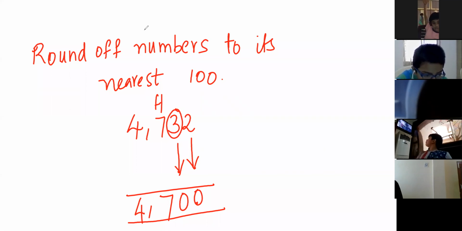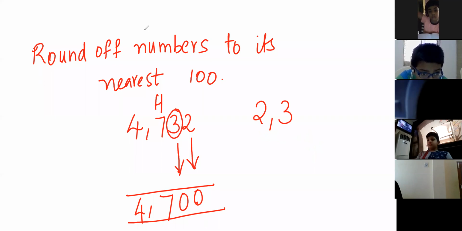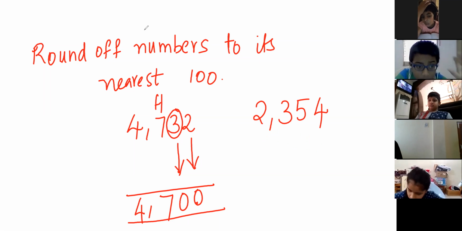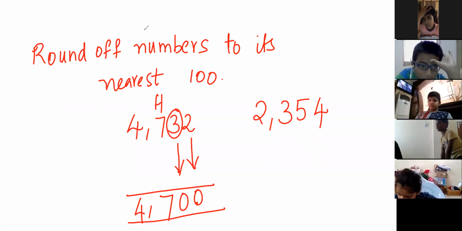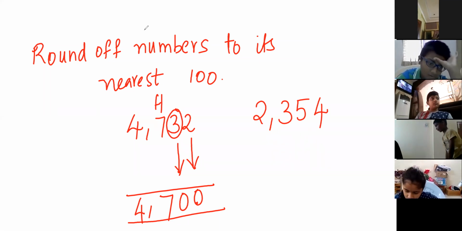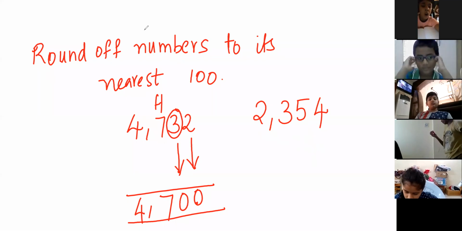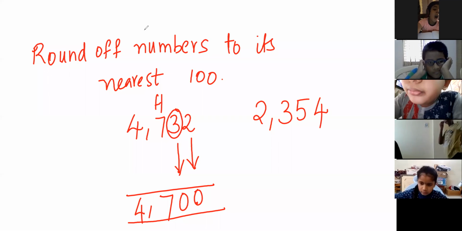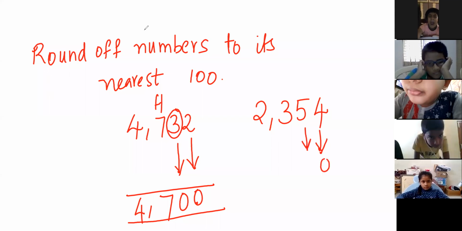I have taken 2,354. Now I want to round off this number to its nearest hundreds again. For that, I have to make both the ones and tens places zeros.